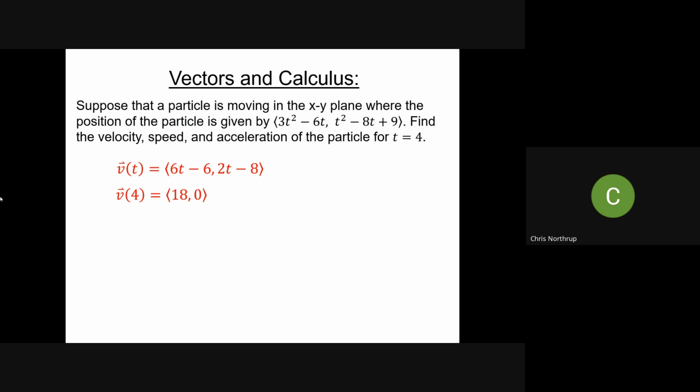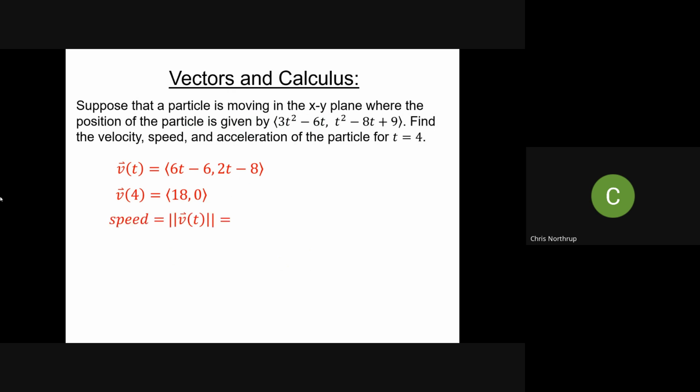Now, the second part of that, it says speed. So remember that velocity is speed in a given direction. Velocity can be negative. You could be traveling backwards relative to some position. Speed is the absolute value of your velocity. Another way to say that is the magnitude of your velocity. So what we're going to do is find the magnitude of my velocity vector and then plug in a 4.